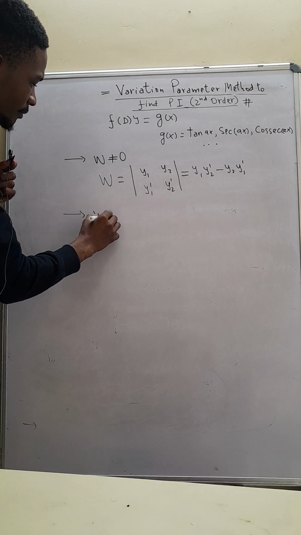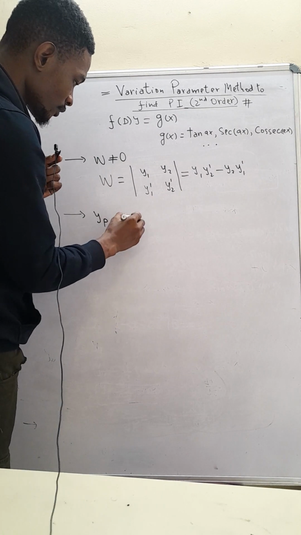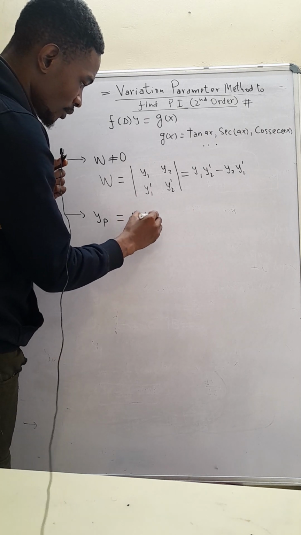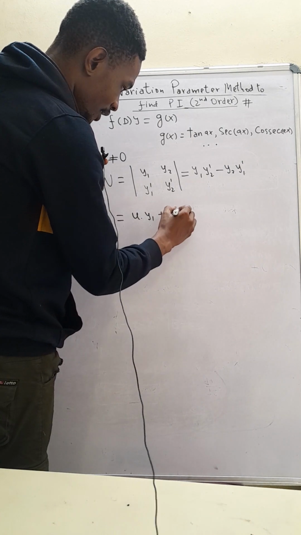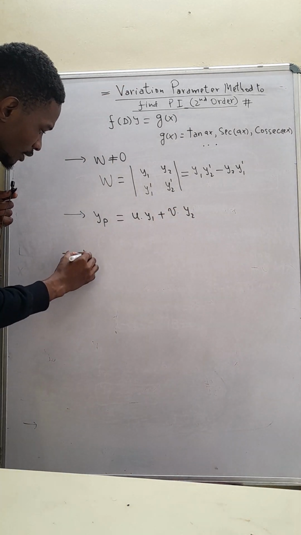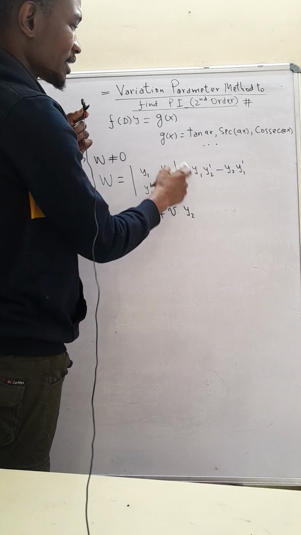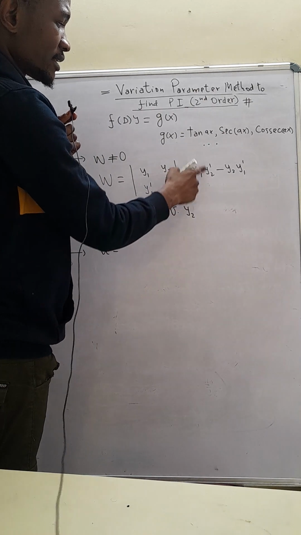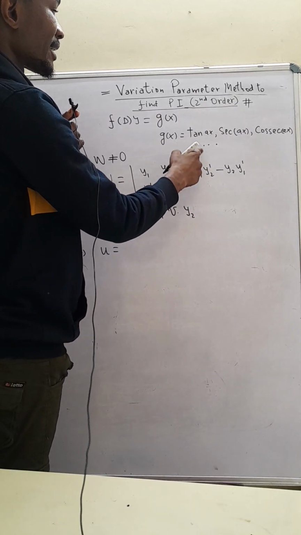Now, yp will be given as u times y1 plus v times y2. So what is u? u is the opposite of this. If this is the derivative, u will be the integration of this.